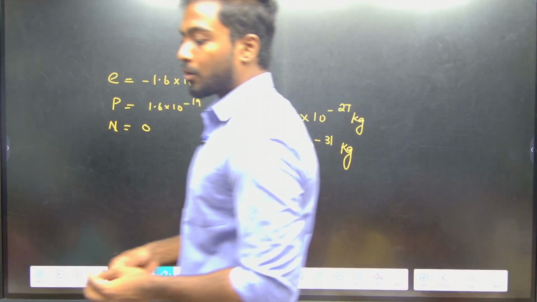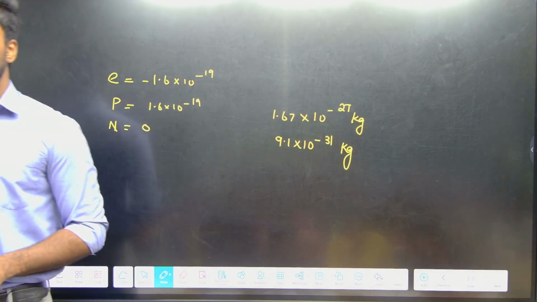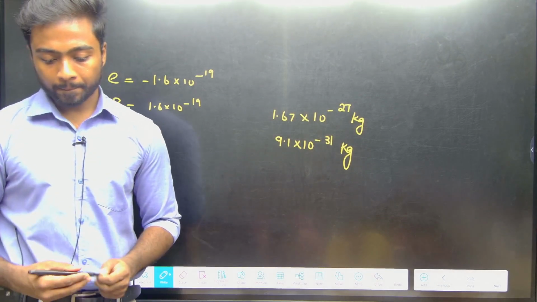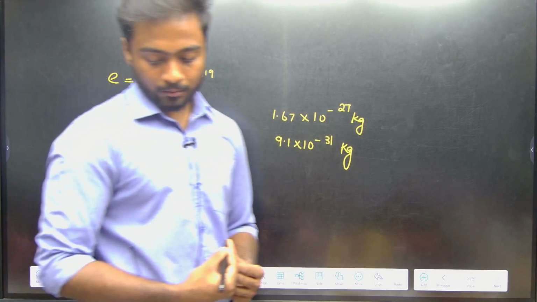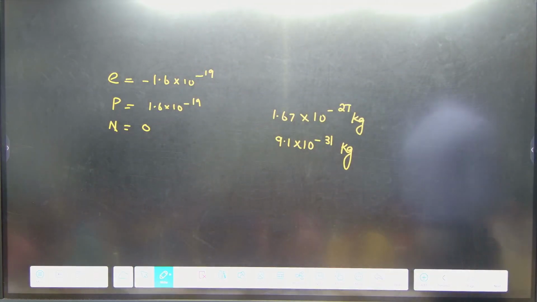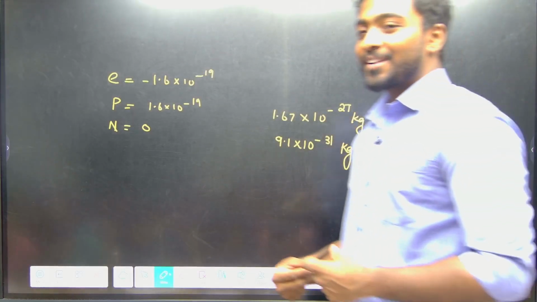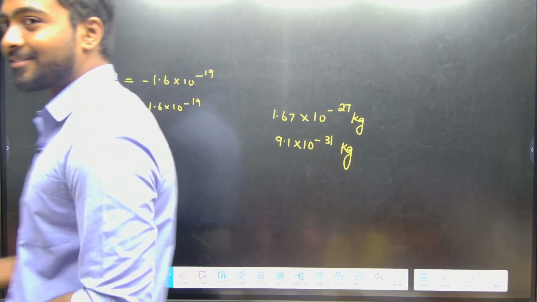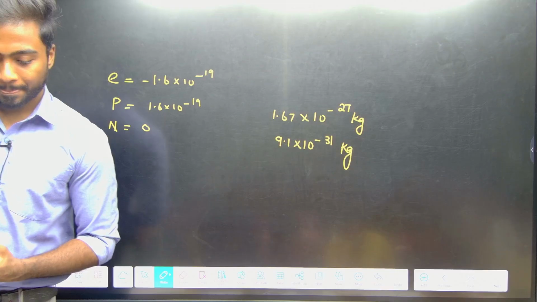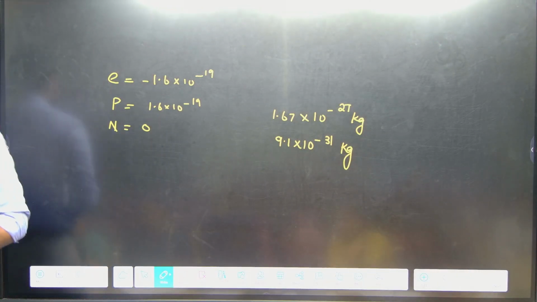Next point, the combination of proton and neutron is called as nucleons. So either we can say it's a nucleus or nucleons. Okay.